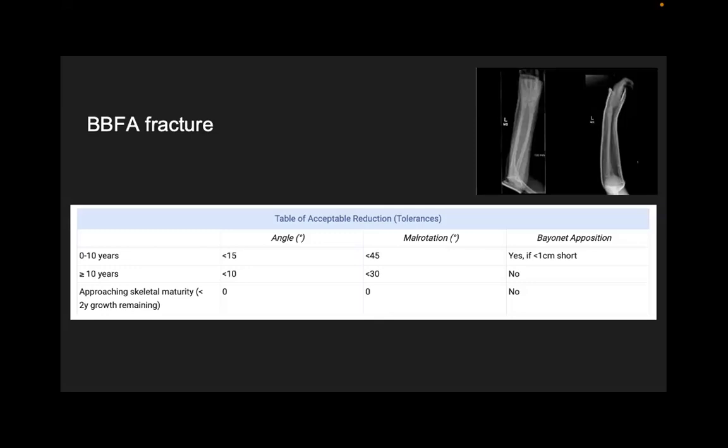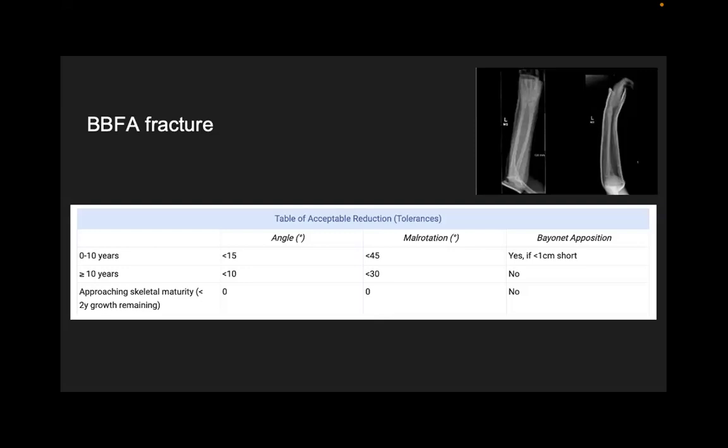If this line is still here, so I know it's in the right rotation. It's not backwards, where the front is in the back or something like that, but it's a little bit open like this, right? This is angulation, right?